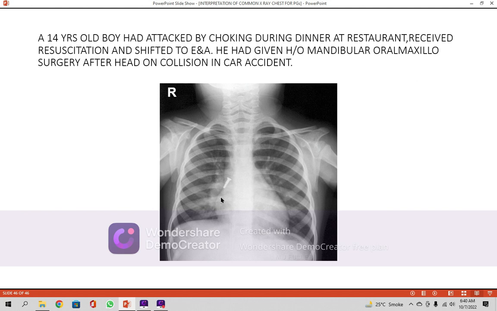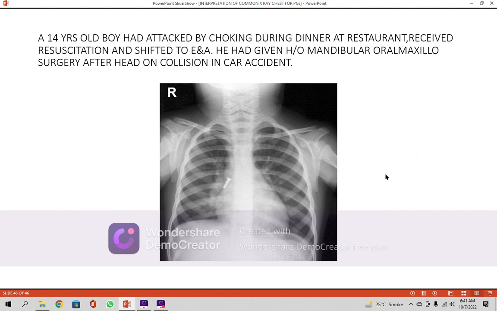The other investigation you will do is the lateral view to see the exact position, or HRCT, and then you go for bronchoscopy and take it out. This is the management. That's all.